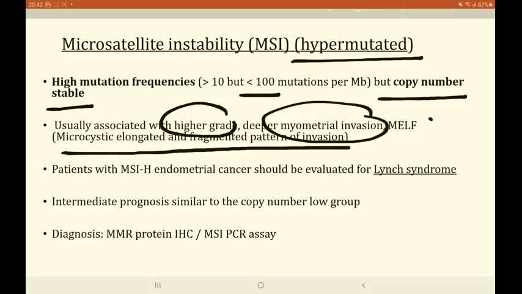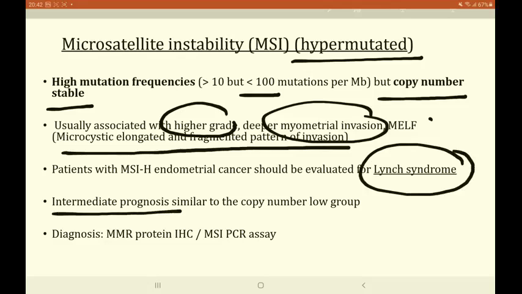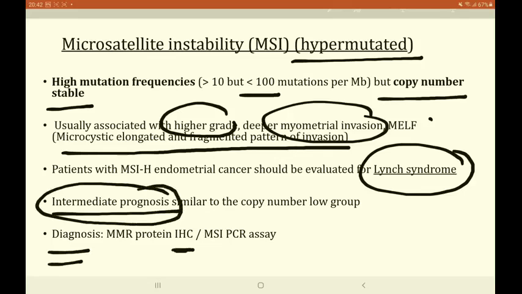In case of diagnosis of microsatellite instability, we should also look for Lynch syndrome, because Lynch syndrome is highly associated with the microsatellite unstable group. This group does not have as good a prognosis as the POLE ultramutated type, but still we call this group to have intermediate prognosis.